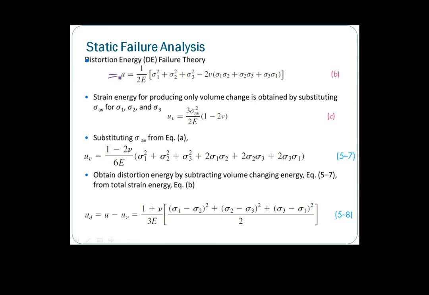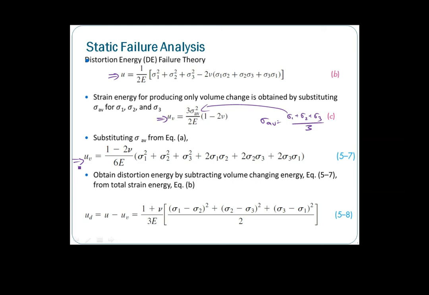The strain energy now becomes this for the average. The average is sigma 1 plus sigma 2 plus sigma 3 divided by 3. Substitute into this, and it will give us the so-called hydrostatic strain energy.